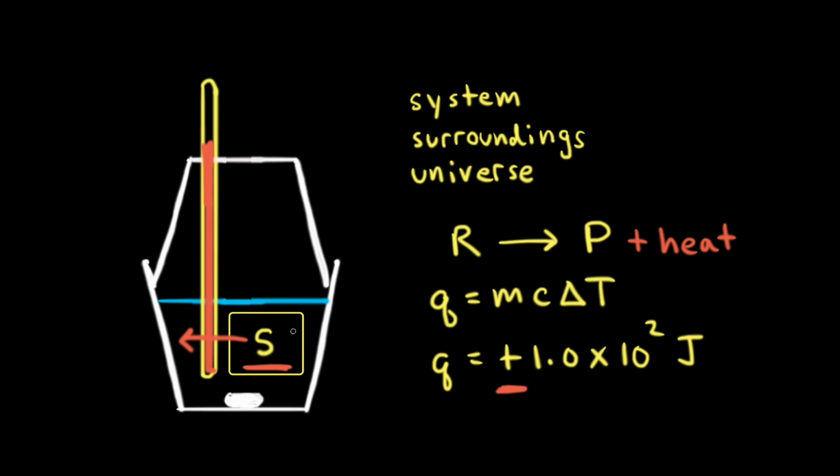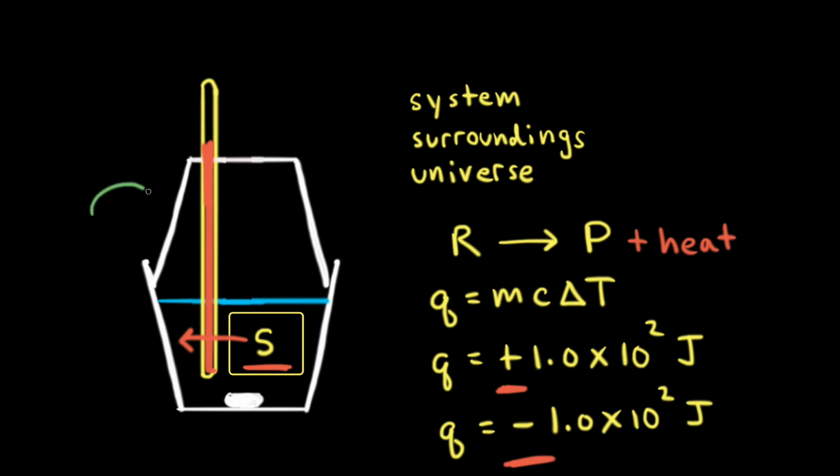If we assume a perfect transfer of heat from the system to the surroundings, if the surroundings gained positive 1.0 times 10 to the second joules, that means the system must have lost negative 1.0 times 10 to the second joules. So the same magnitude, but we changed the sign here because if we're talking about the energy lost by the system, it's the same in magnitude but opposite in sign.